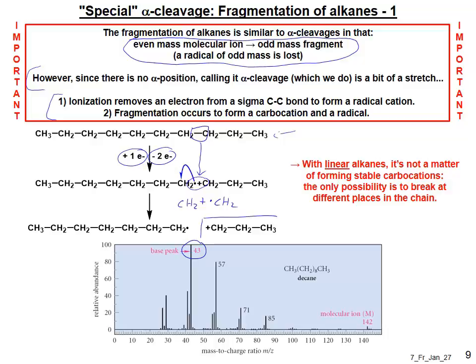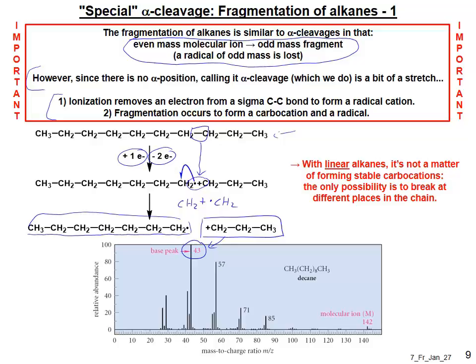So 43 corresponds to this mass here. So the way that we obtained this mass of 43 was through the ionization that's shown on this slide, and then through the loss of this neutral radical that for this particular fragmentation will not be observed on the spectrum.